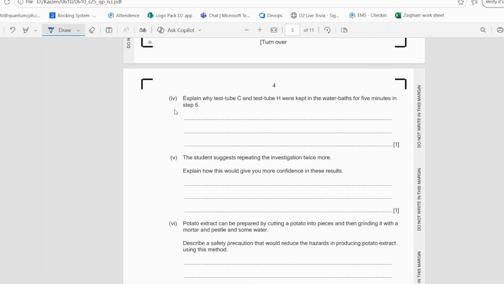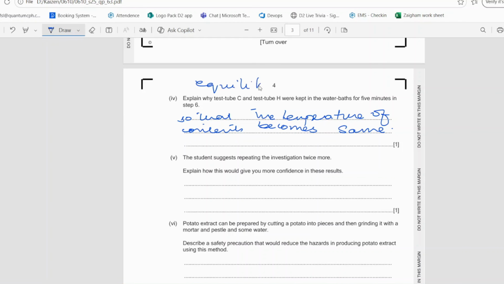So that each part of that test tube would have the equal temperature. So we can write so that the temperature of all contents become the same. There is another word we use for it, to equilibrate, like it should be at equilibrium.